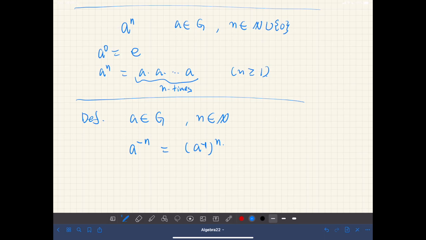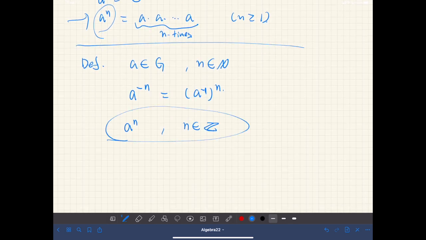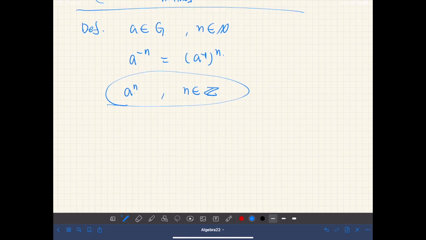Now, together with the previous definition of powers, we have a to the power of n for any integers, including negative, positive, and 0. Now we can write like this. So if n happens to be negative, that means this.